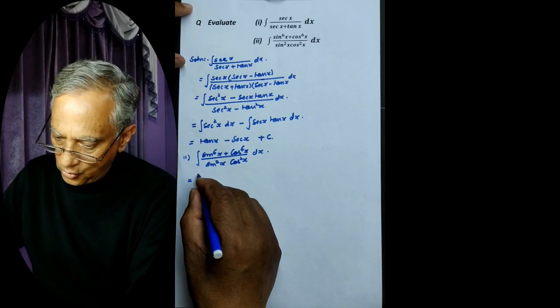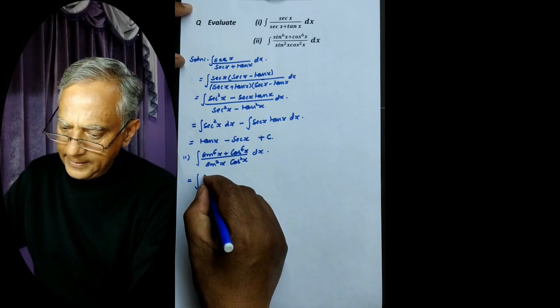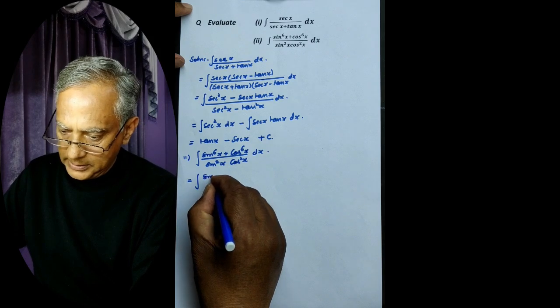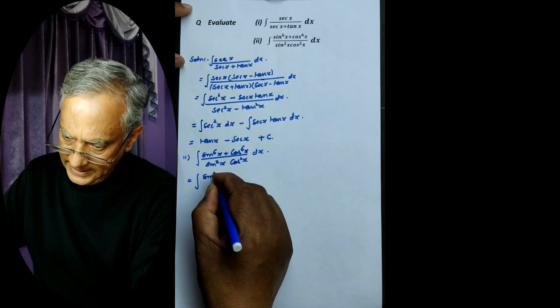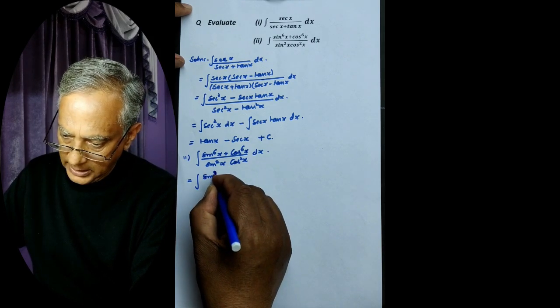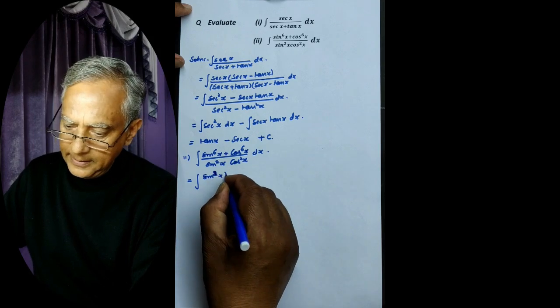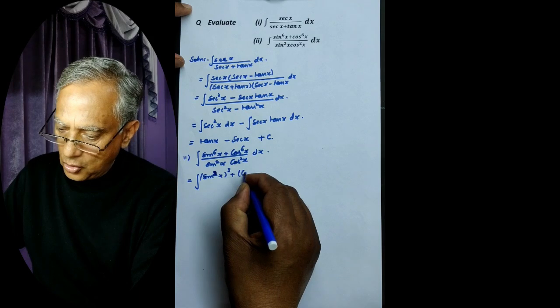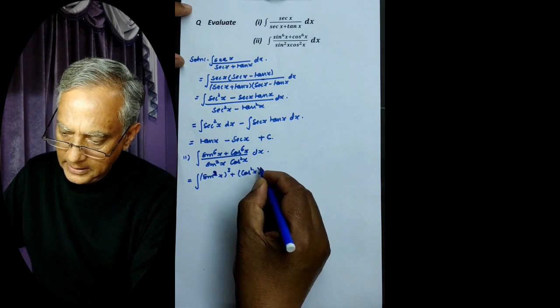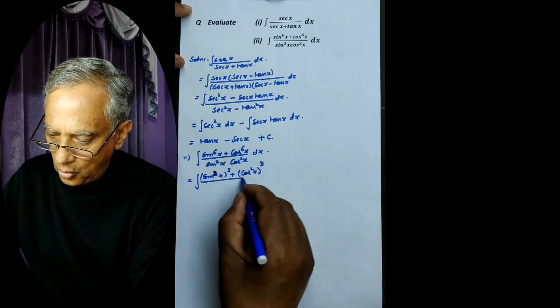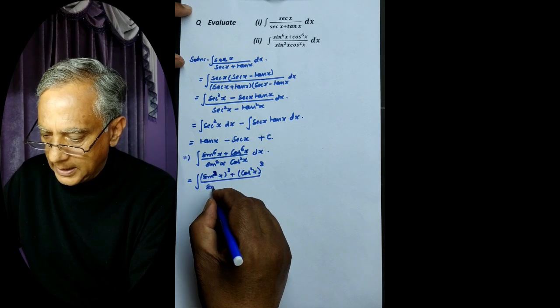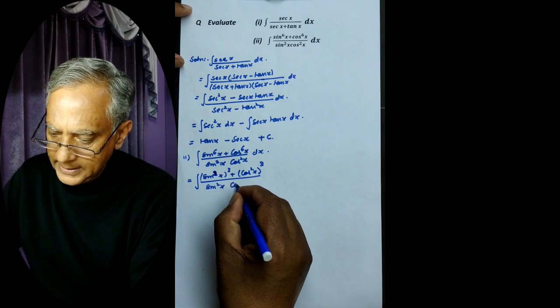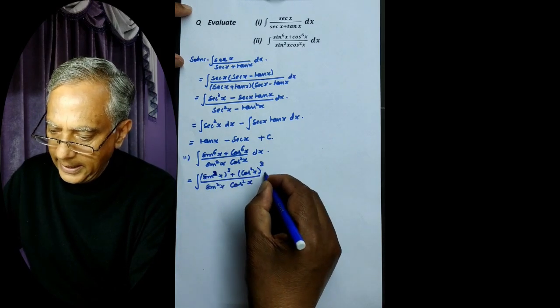And this is equal to, we can write sin 6x as (sin square x whole cube plus cos square x whole cube) whole divided by sin square x cos square x.